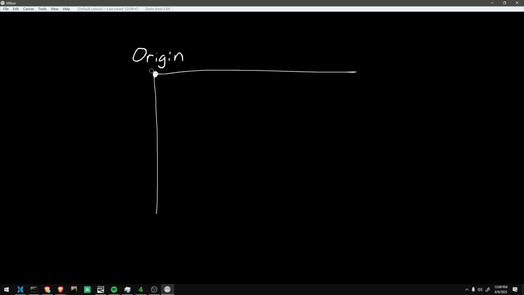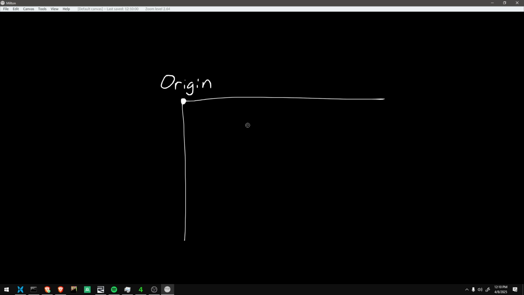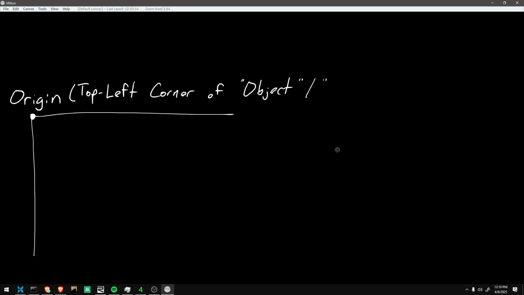So the origin is always the top left corner of our object by the time we're here, right? Top left corner of the object. You might also call it the sprite or whatever.